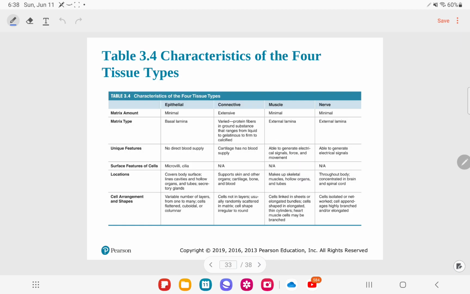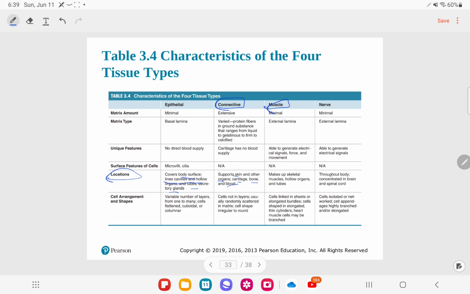And then you have the four types of tissues: epithelial tissue, connective tissue, muscle tissue, and nerve tissue. And some unique features of them, like where they're located. Epithelia cover body surfaces and line cavities, hollow organs, tubes, and secretory glands. Connective tissue supports the skin and other organs; cartilage, bone, and blood are all types of connective tissue.